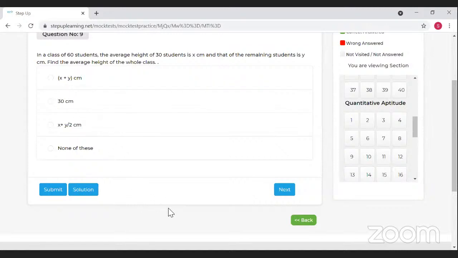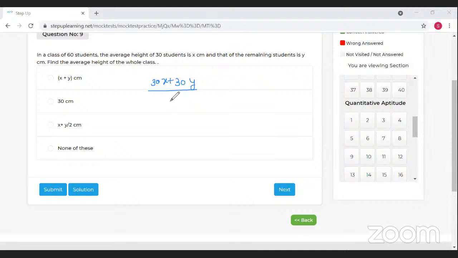Coming back to this question: in a class of 60 students, the average height of 30 students is X and that of the remaining. How many will be the remaining students? 30 only, correct. So this will be 30X plus 30Y.